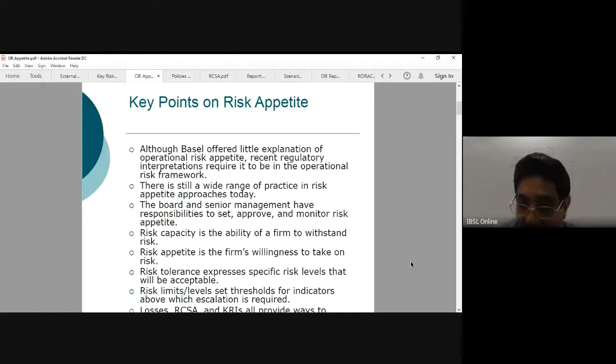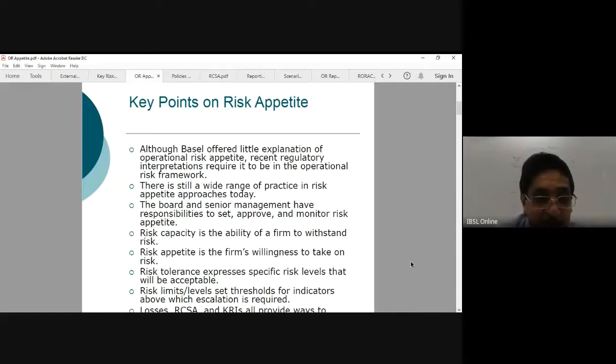But when you talk in terms of appetite, there are other terms coming in together with the risk appetite. The two basic things which come together with risk appetite are, one, the risk tolerance, and the other one is the capacity.